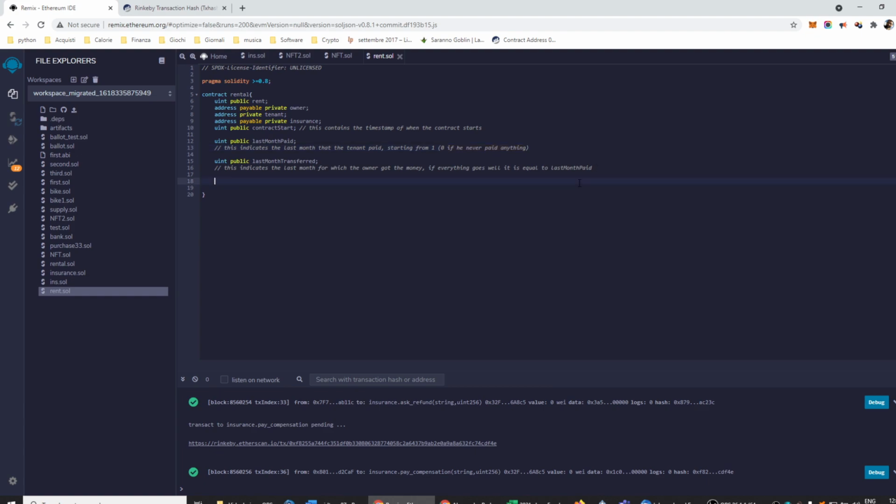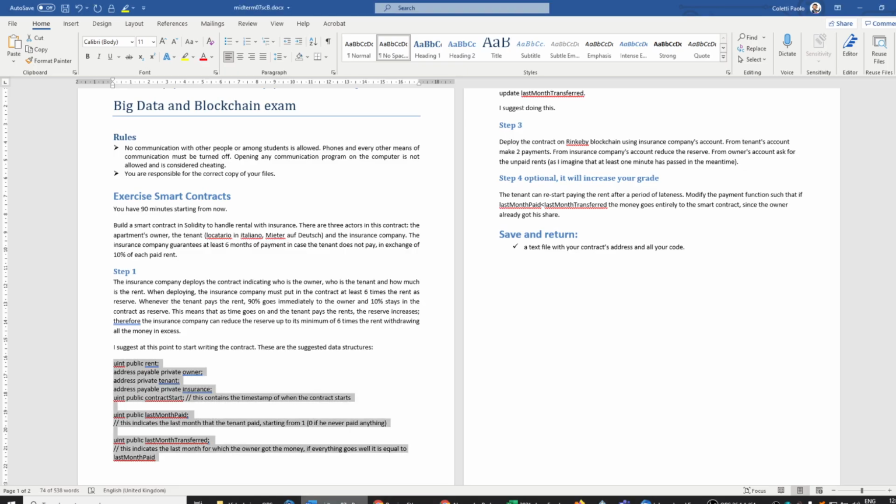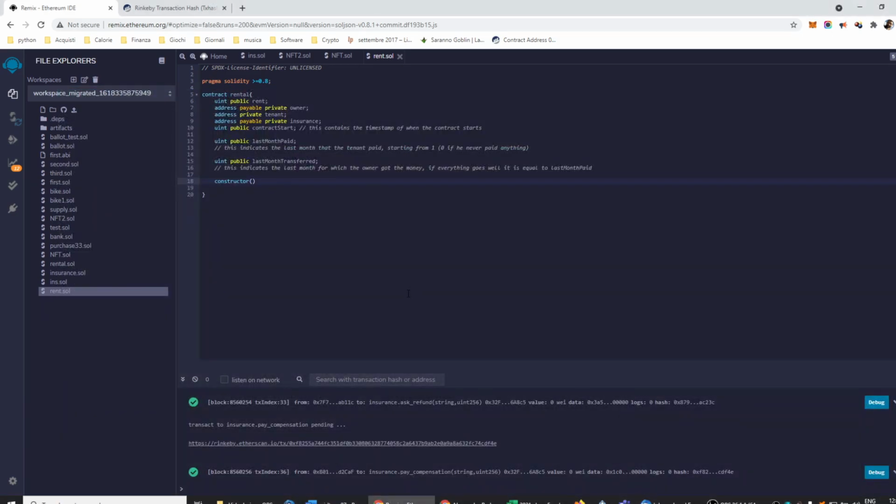So, a constructor. Is it payable? Do we have to put some money? When deploying, the insurance company must put in the contract at least 6 times the rent as reserve. Okay, payable.